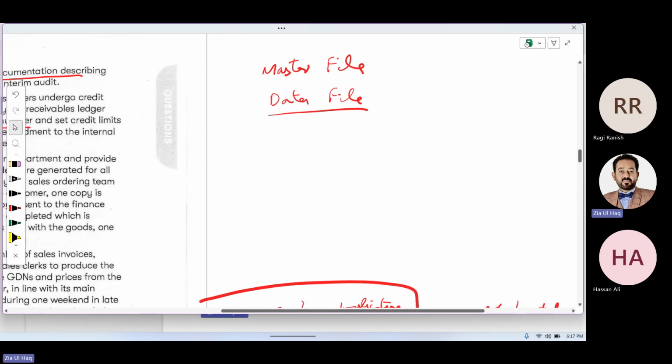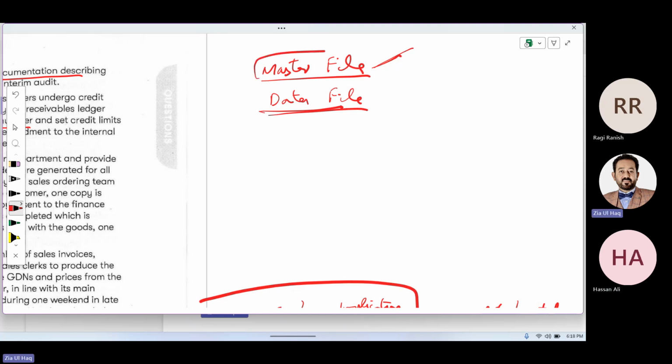And the master file is a file where all the ledgers are prepared, where all the accounting entries will be processed and recorded. For a new customer, you need to create a receivable ledger. Where will we create the receivable ledger? In the master file. And for that customer, all the transactions should be entered through the data file, and that will be automatically recorded and processed into the master file by the system.